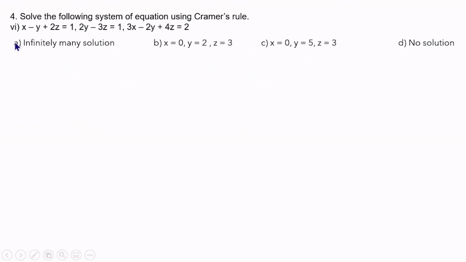The next question, x minus y plus 2z is equal to 1, 2y minus 3z is equal to 1, 3x minus 2y plus 4z is equal to 2. So here delta is the determinant of 1, minus 1, 2, 0, 2, minus 3, 3, minus 2, 4.